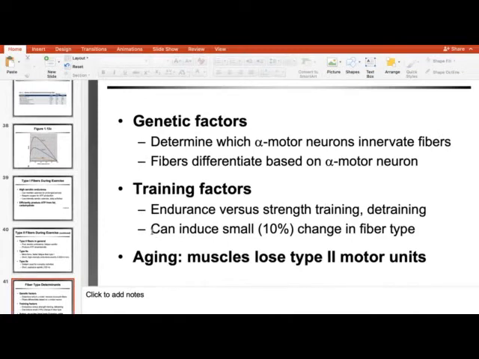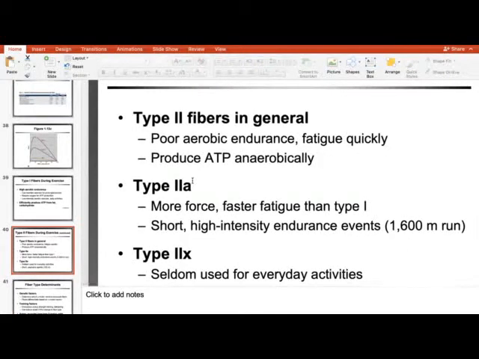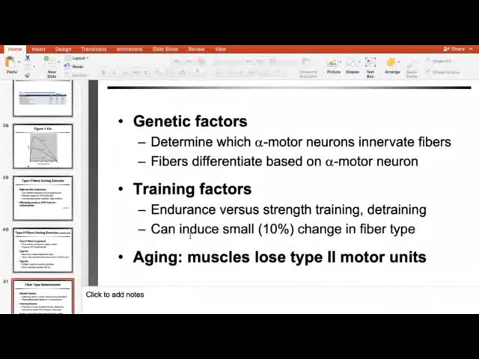Now, here it says that training factors can induce small changes in fiber type, but the changes in fiber type that they're talking about are typically from type 2A to type 2X, not type 2 to type 1. And these changes, I think that Cassie asked that, the changes are so small that it's not necessarily going to result in a huge increase in sport performance in any manner.